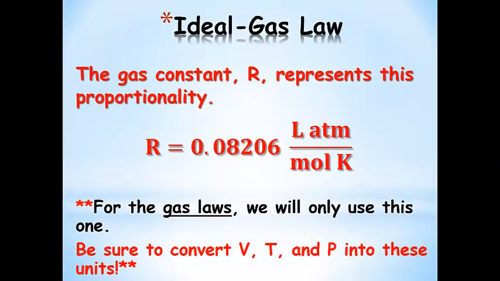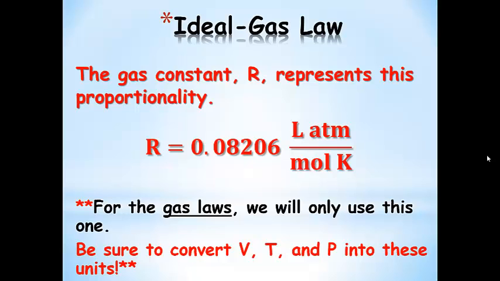So the gas constant R represents this proportionality. This is a constant. Now, R can have different units. We're going to keep ourselves corralled with this particular version, but there are other versions of R with different units, and they all represent the same type of thing.